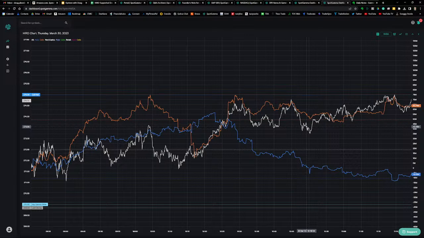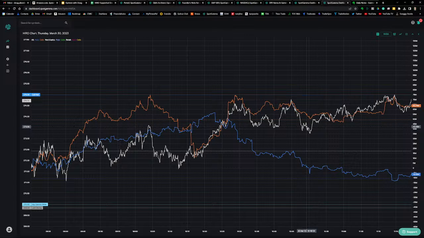And it is showing options trades and market maker hedging flow. And I have the HERO signal separated out into calls and puts. And these lines are shown in terms of delta.